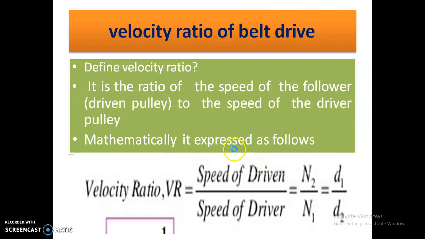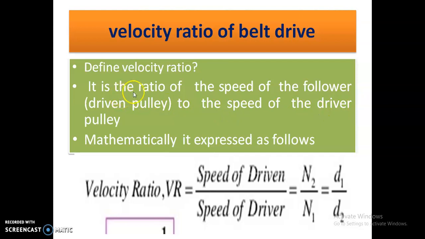Or we can define the velocity ratio of belt drive in another way. It is the ratio of the speed of the follower or driven pulley to the speed of the driver pulley. Mathematically it is expressed as follows.